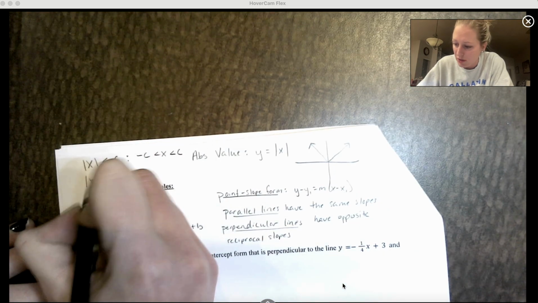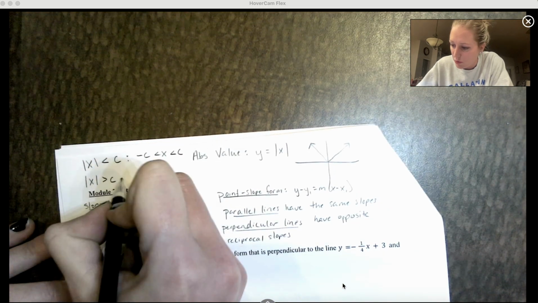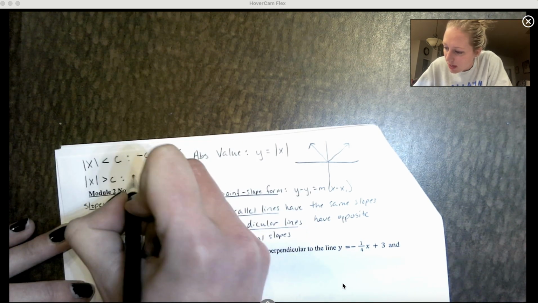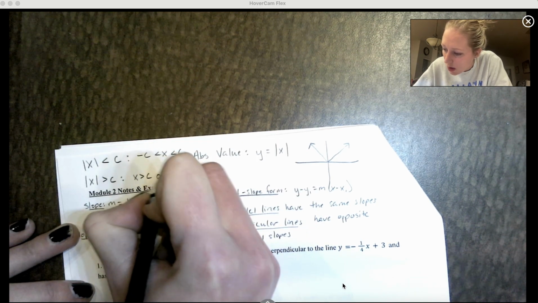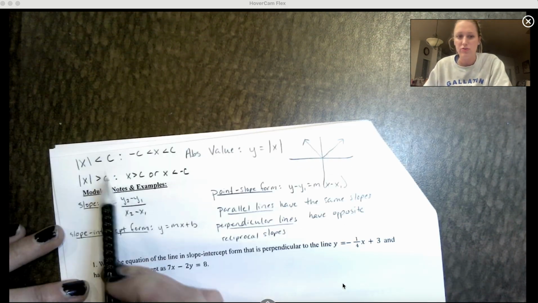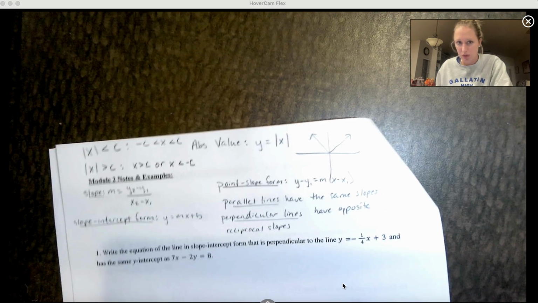If we have absolute value of something is greater than c, we get a different compound inequality. We get x is greater than c, or x is less than negative c. So we're also going to be solving some inequalities in this unit that involve absolute value.